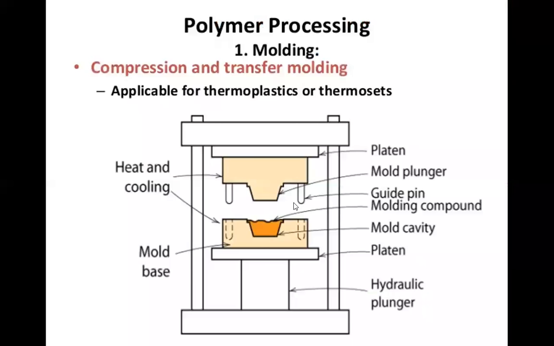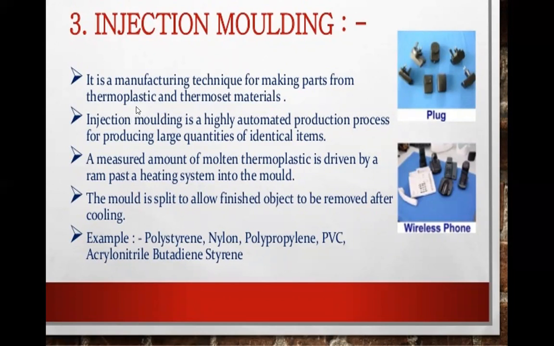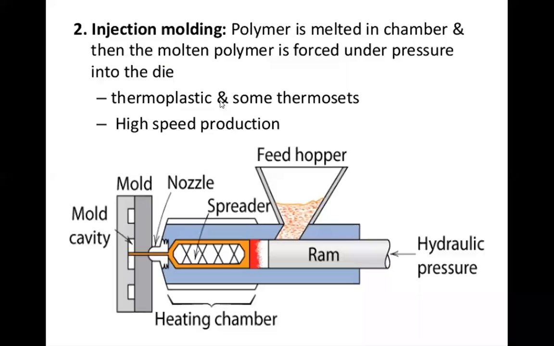Injection molding can be used for the manufacture of both thermoplastic as well as thermoset plastics. It is a highly automated production process for producing a large quantity of plastic material. You can observe the diagram here.